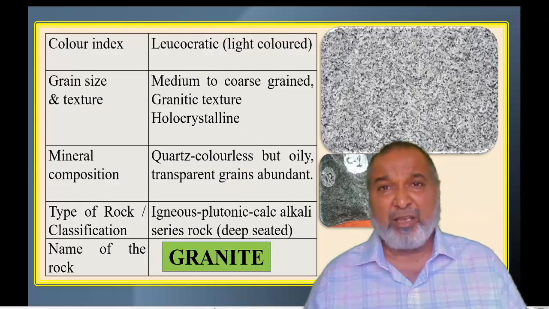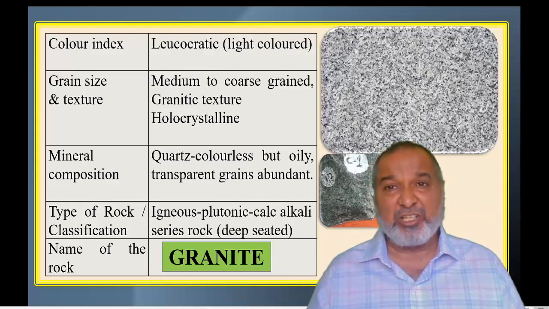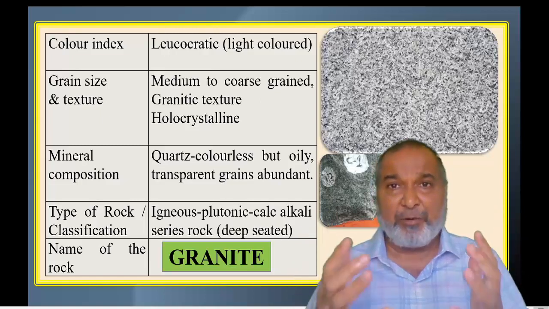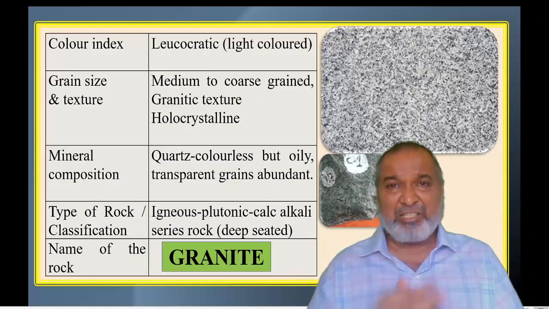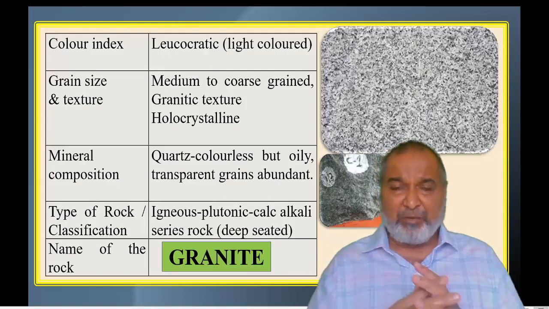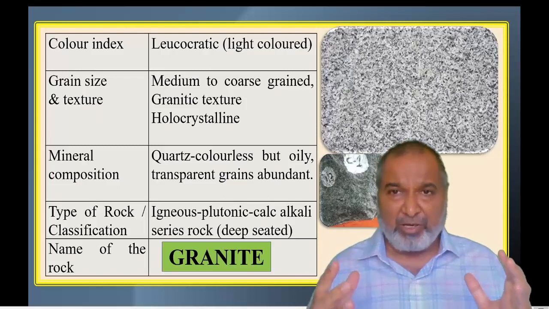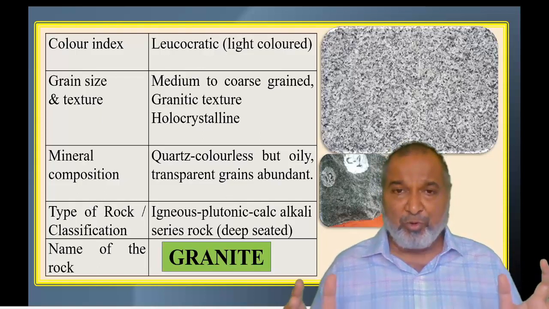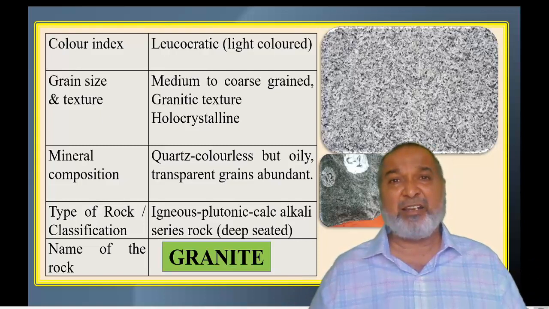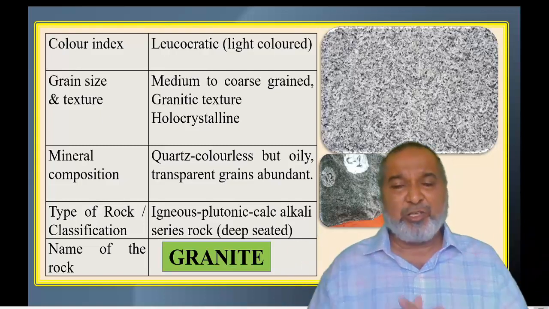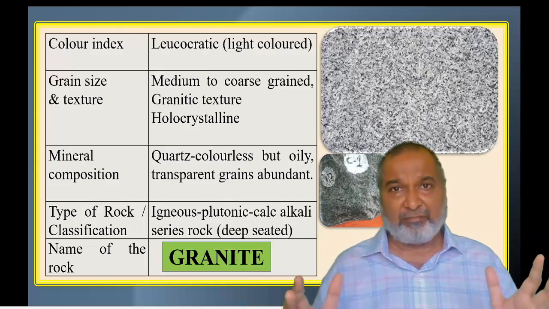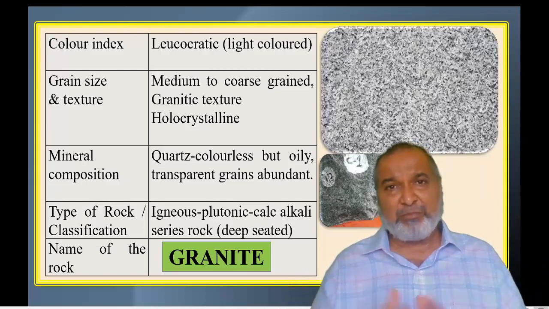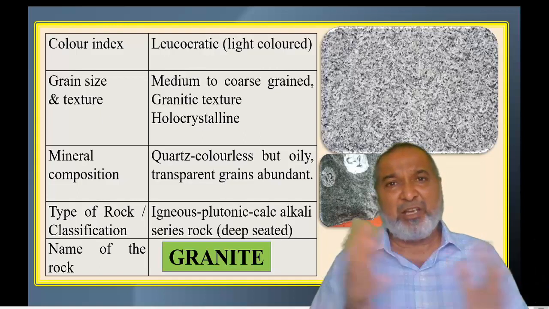Next, igneous rock shows textures: the crystals or minerals present within the rock are arranged in a certain way. For example, in a particular class there are 50 boys and the sitting capacity is 100, so everyone will be sitting leisurely, maybe one or two on a bench, a different arrangement.